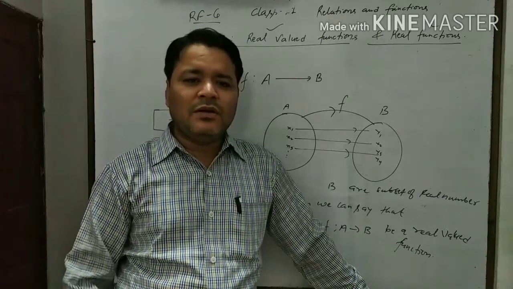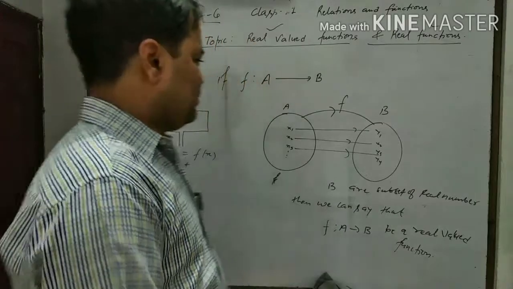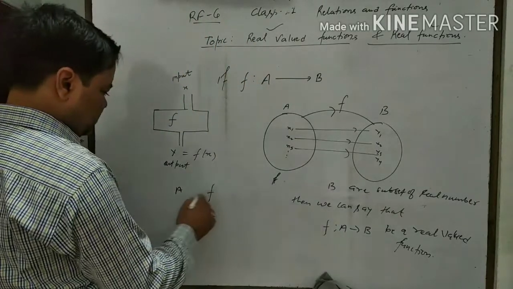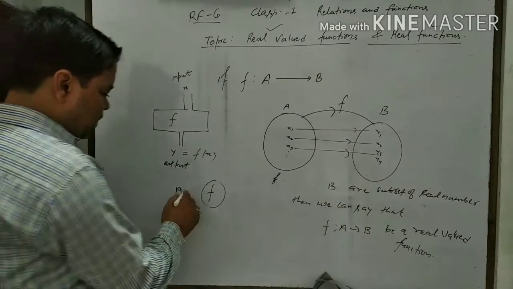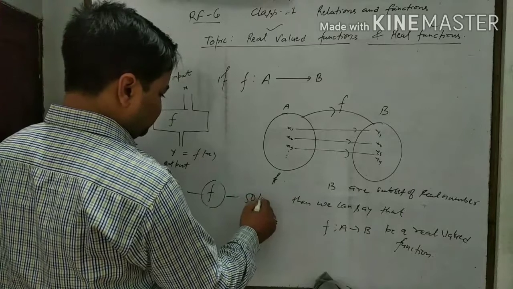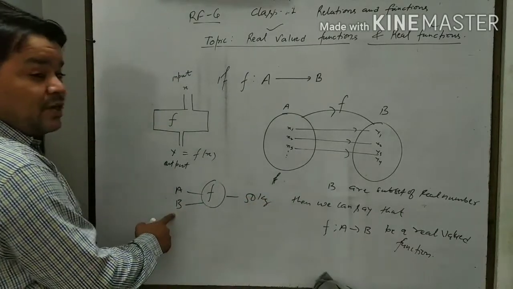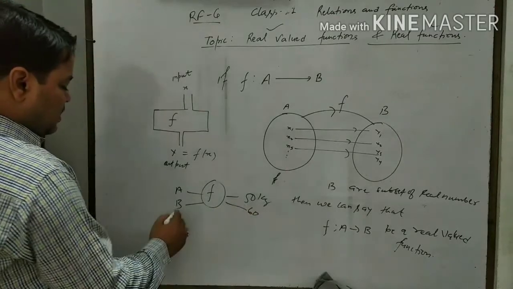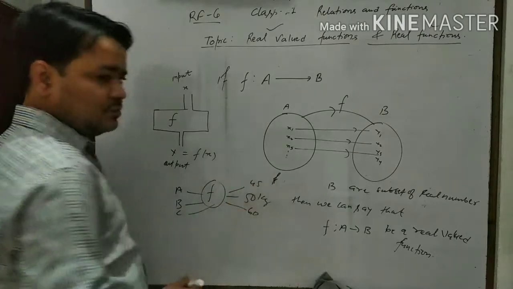Means the student will measure their weight through a machine. If student A goes through the machine, okay, this is the machine, its weight is, let's say, 50 kg. Student B, its weight 60 kg. Student C, its weight 45 kg.